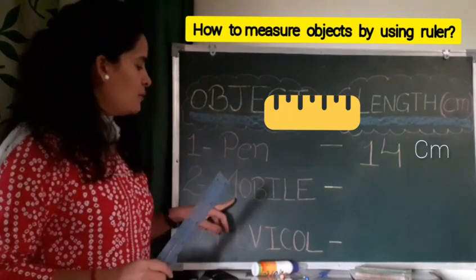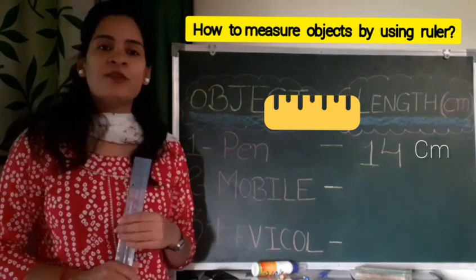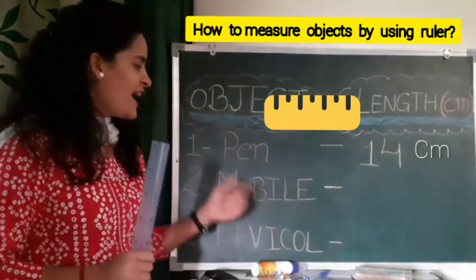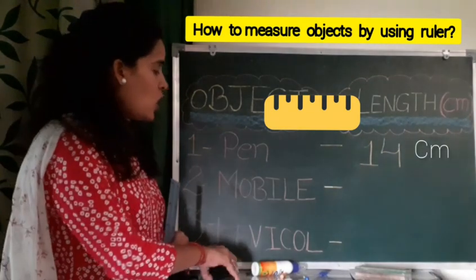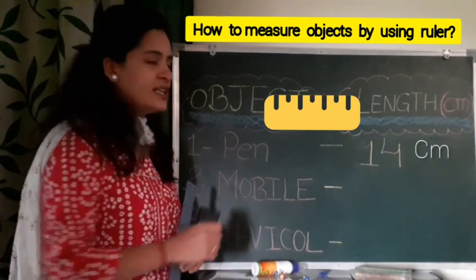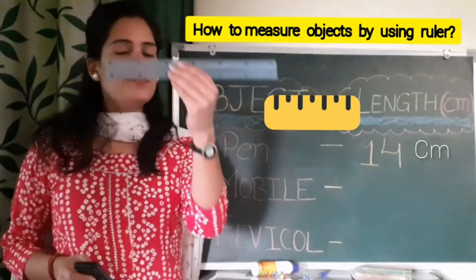Now we will move to our next object. This next object is everyone's favorite, mobile. Nowadays it is very essential. We will measure the length of the mobile by using the same ruler.